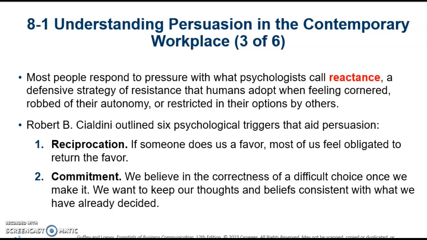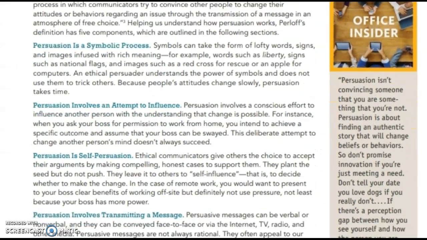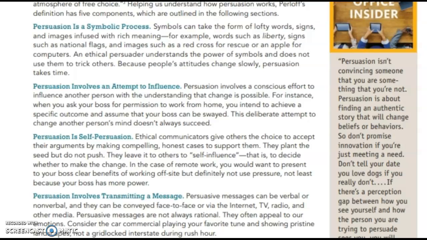Robert Cialdini outlined 6 psychological triggers that can help with persuasion. The first one is reciprocation. And I want to pull up your book here. So it says persuasion is a symbolic process.